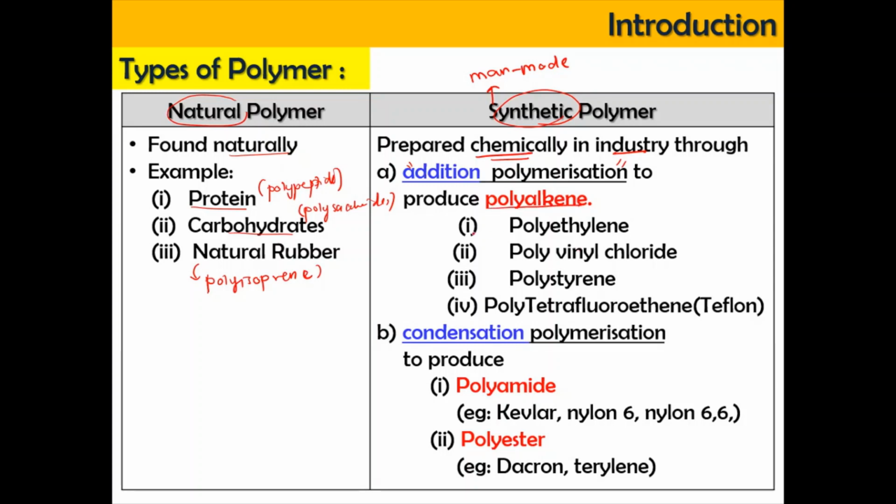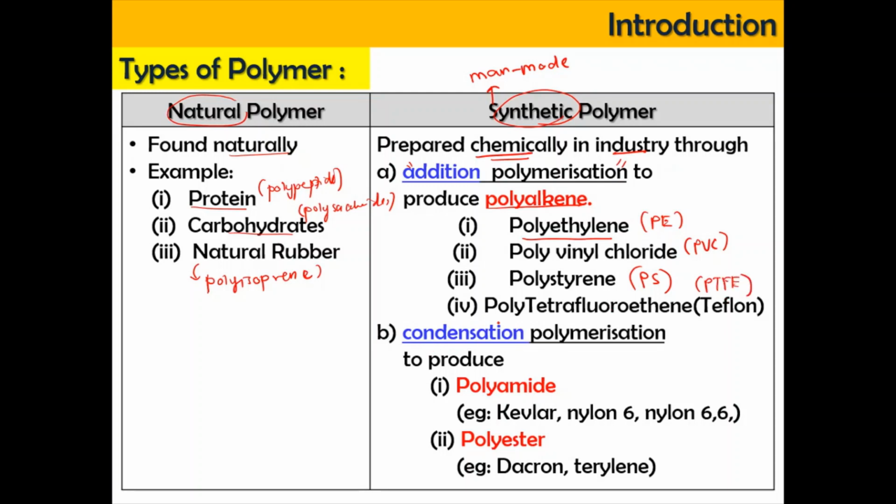So there are 4 examples here. First, we're going to have the polyethylene, PE. Next, we're going to have the polyvinyl chloride, which is the PVC. And 3, we have polystyrene, which is PS. And number 4, we have the polytetrafluoroethane, which is the PTFE, or known as the Teflon.